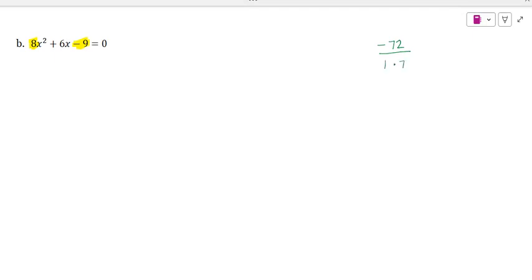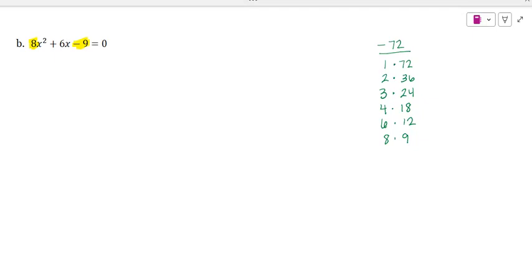That's 1 times 72, 2 times 36, 3 times 24, 4 times 18, 6 times 12, and 8 times 9. I used a calculator to figure out all these options before I made this.